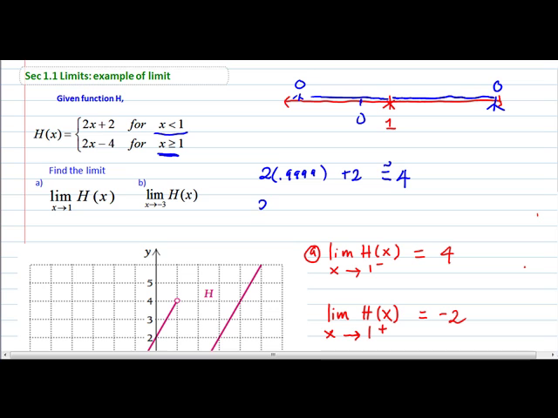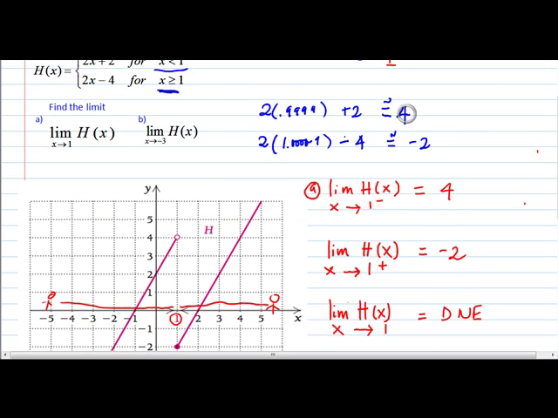So I'm using 2 times 1.00001 minus 4, which is approximately -2 when it goes from the right. Because my limit from the left is different from my limit on the right, the overall limit does not exist. That's our answer.